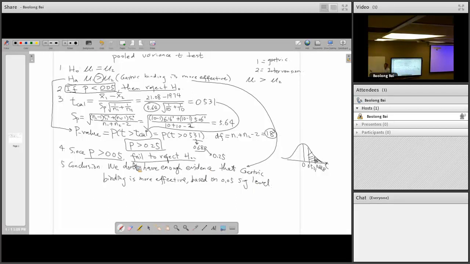That means even though we concluded the Gaussian binding is not more effective, it might actually be. So it might be more effective, but we concluded it's not. So we are making a bad decision based on the sample, depending on how you select your sample, right? The sample has to be random. If the sample is not random, then there's already a bias in there. You could get a bad result, right?